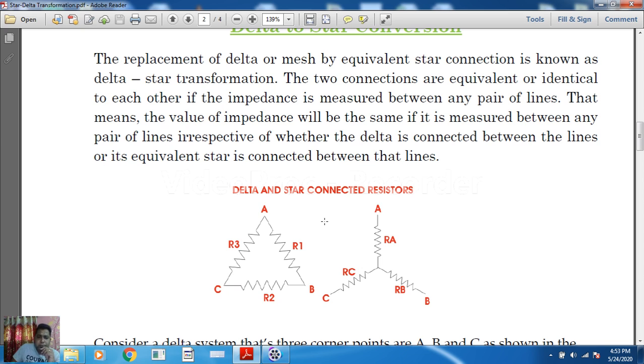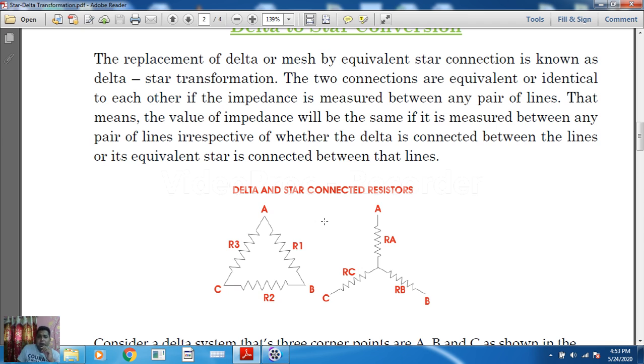The resistance between the AB terminal in the delta connection is given as R1. Between the B and C terminals, the resistance is named R2, and between C and A, the resistance is named R3. In the star connection, there are three resistances: RA, RB, and RC.